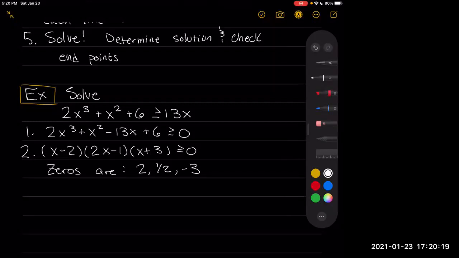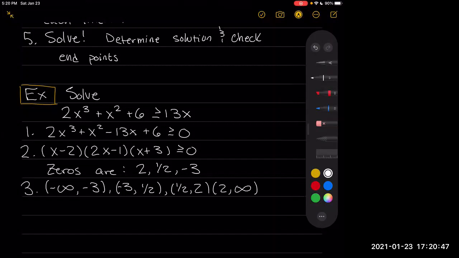All right, so now we are going to determine our intervals. So we're going to have -∞ to -3, -3 to 1/2, 1/2 to 2, and 2 to positive infinity.